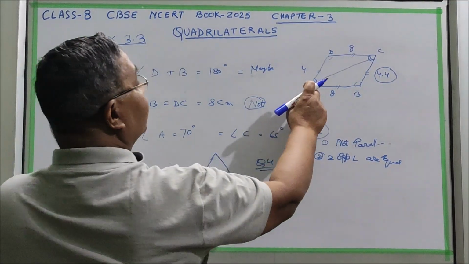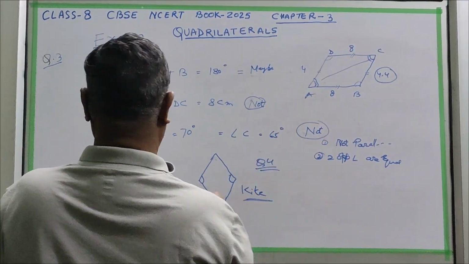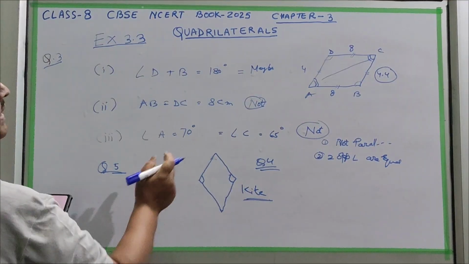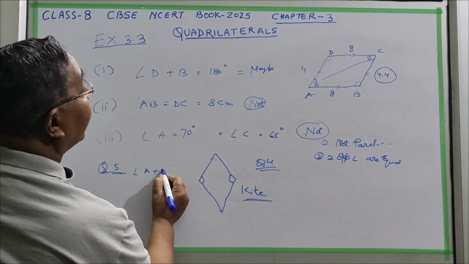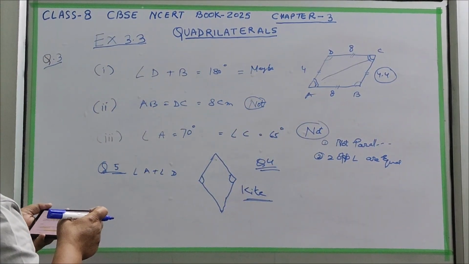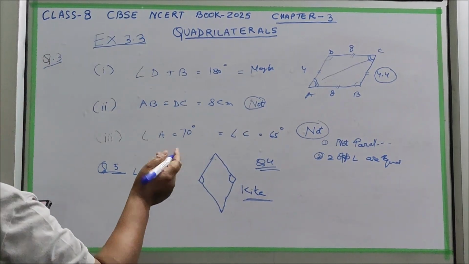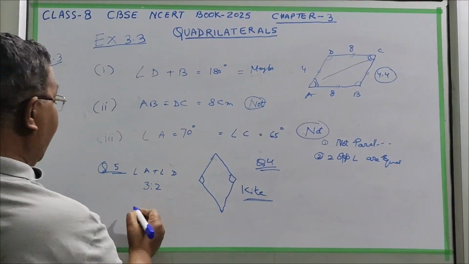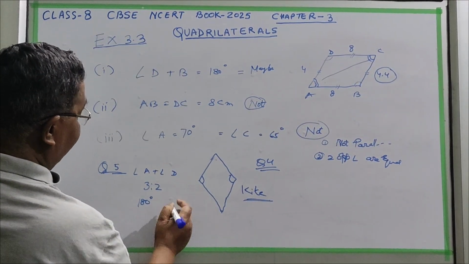Two adjacent angles means this angle and this angle, here angle A and angle D. So what will be the measure? We know that these adjacent angles are always equal to 180 degrees.